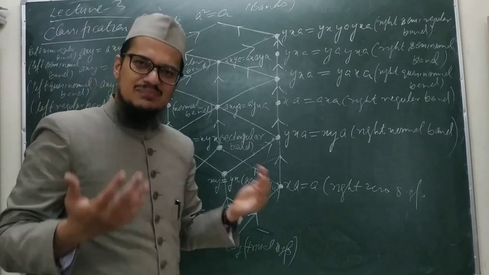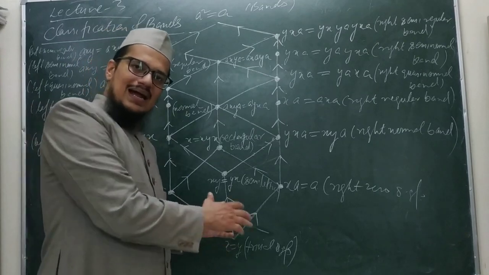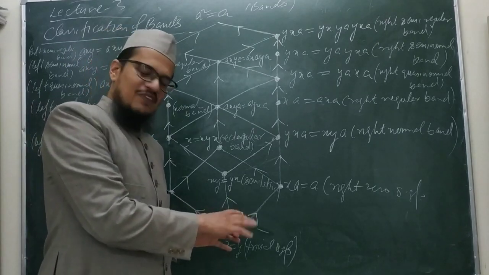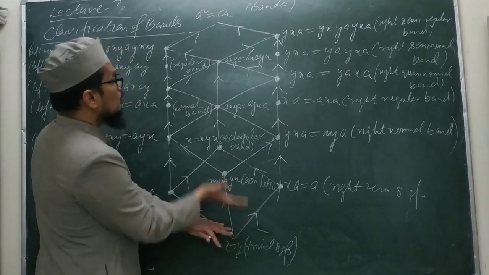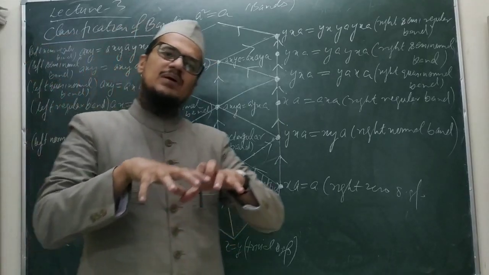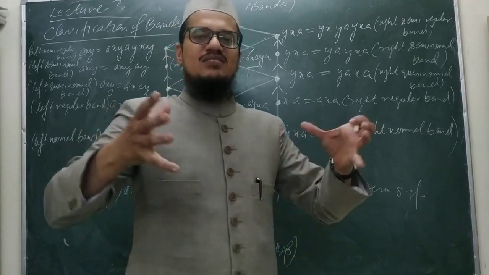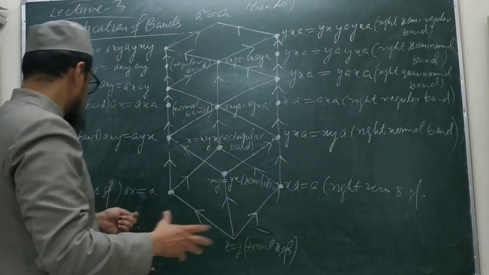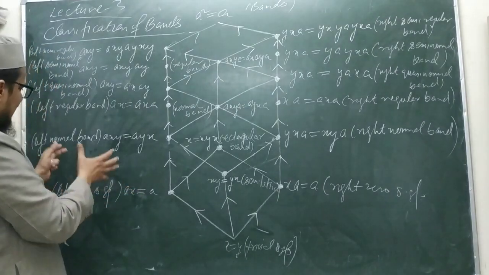So what are the relations between these? See, when we go from bottom to top, the size of the type of band increases. This means left zero semigroup is smaller than left normal band.